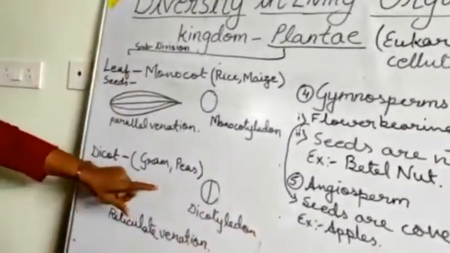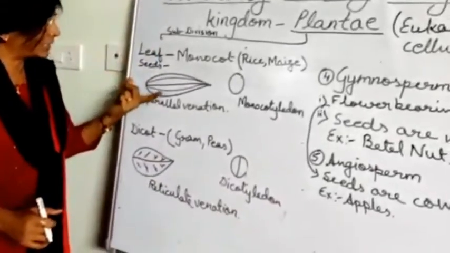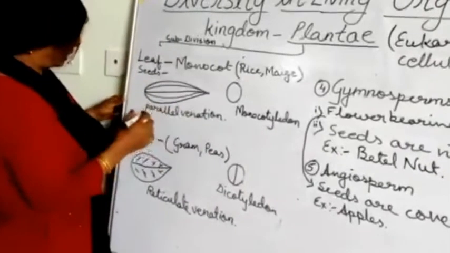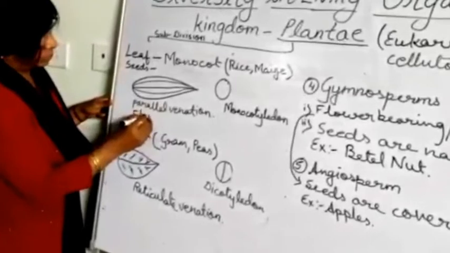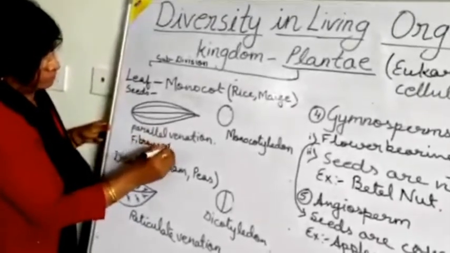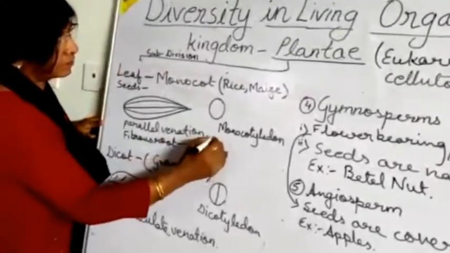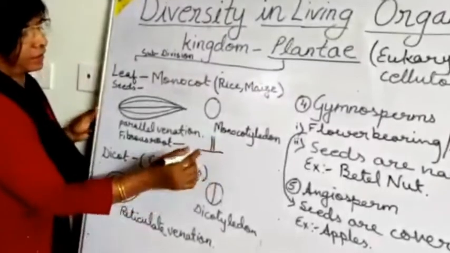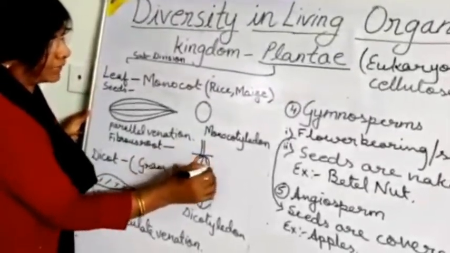Dicotyledon. Okay. Now first we have taken the leaf, then the seed, and now we will take the root. So the root is what? They are having the fibrous root in monocot. Fibrous root, that is, this portion is the stem. Okay. And under the ground there is a root which is originating at one place only.